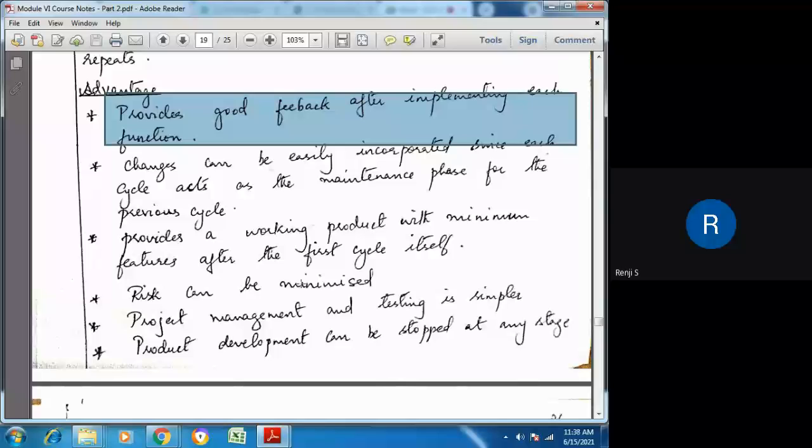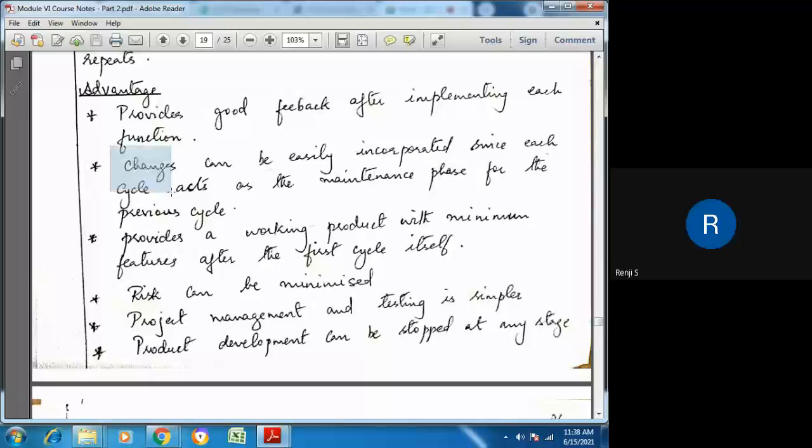After implementing a particular functionality, the product evolves and starts functioning. After that, good feedback is obtained based on the functionality that has been built. The second advantage is that changes can be easily included, because it is developed in increments, so changes can be easily incorporated after each cycle.